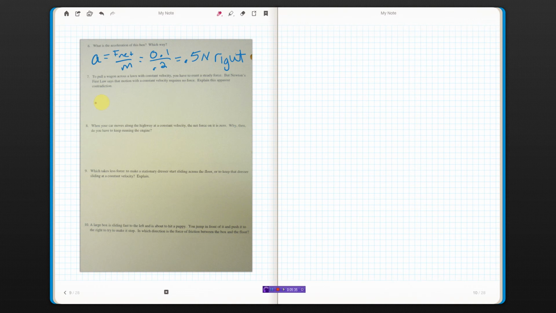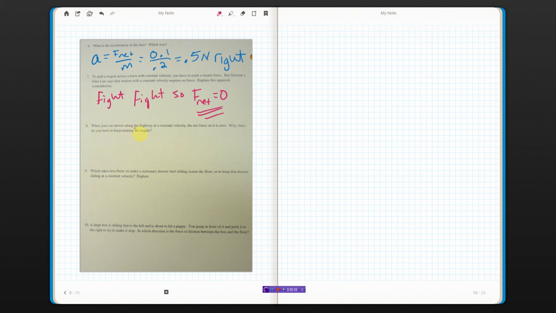But here's the thing, you've got friction. You have to fight friction so that the net force is zero, because that is the only condition when Newton's first law actually works.